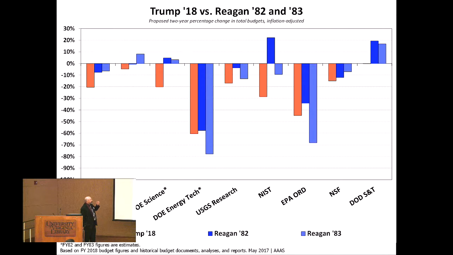Now, Reagan, one difference is, beyond defense, science, and tech, the Reagan administration actually was marginally better on basic research. So the Trump administration's budget is certainly a lot more, even more ideologically cohesive than the Reagan administration's budget was in a way.